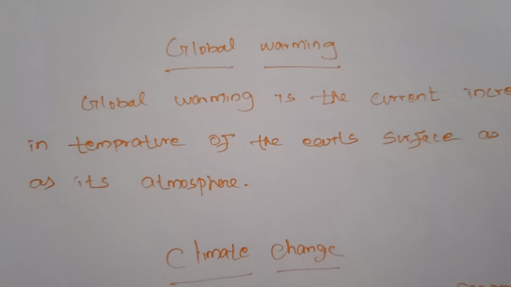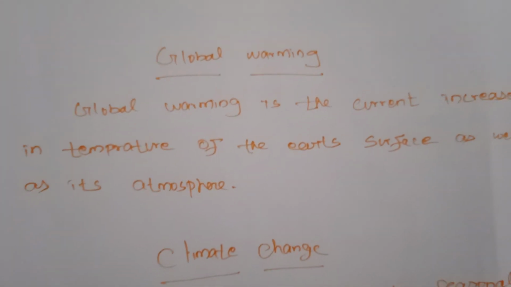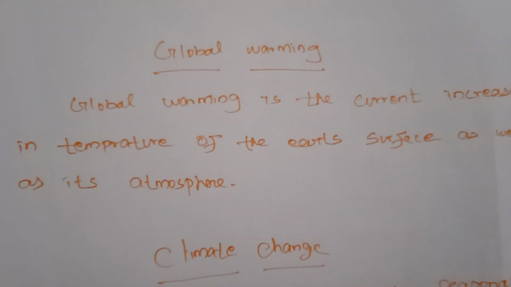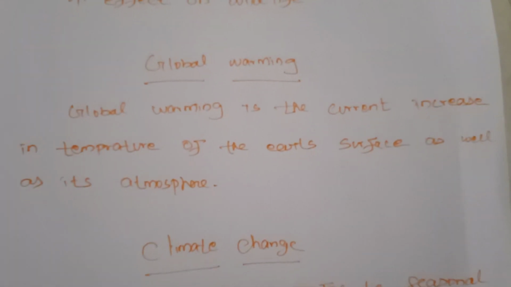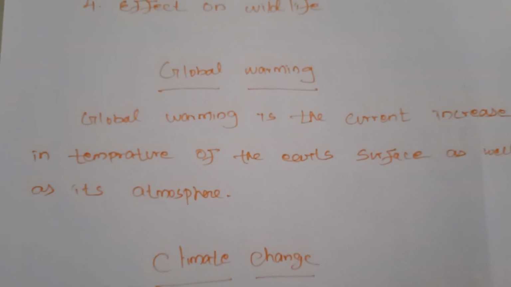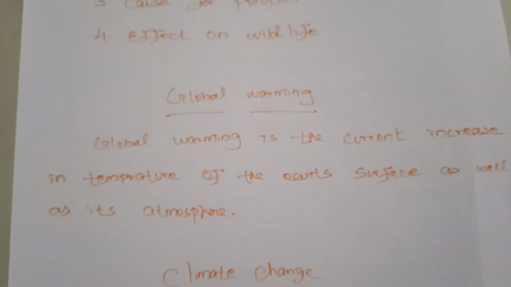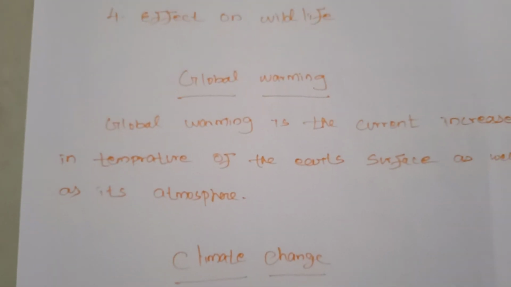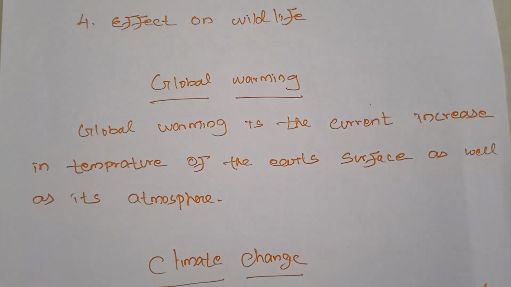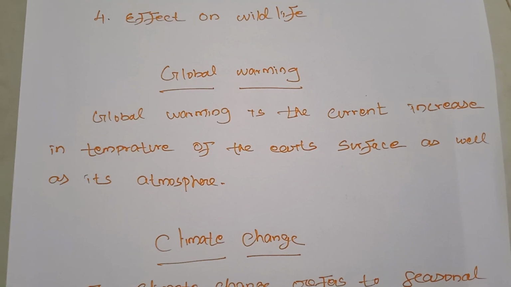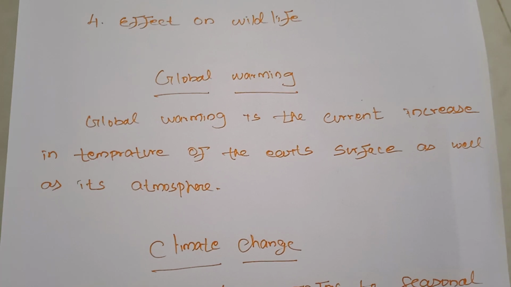Okay students, next, global warming. I think you may all have studied or heard about global warming in your previous years. Global warming is the current increase in temperature of the earth's surface as well as its atmosphere.